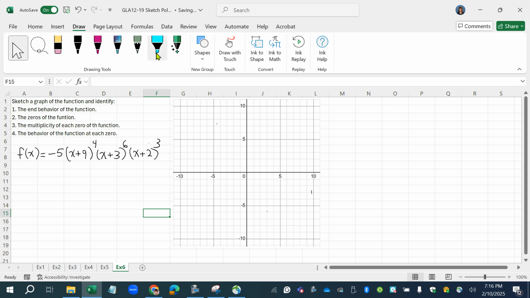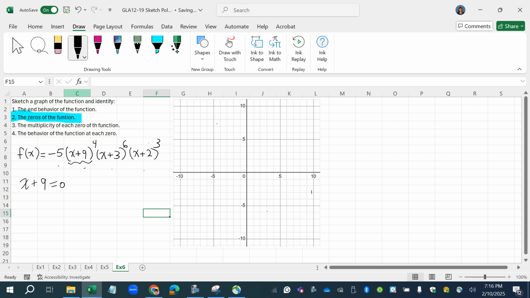Now, if we jump over to our more complex example, we're actually doing step 2 of the problem, find the zeros of the function. So I'm really just taking each quantity factor and setting it equal to 0, because whatever value would make that factor equal 0 is going to zero out the entire function, since these things are all being multiplied.